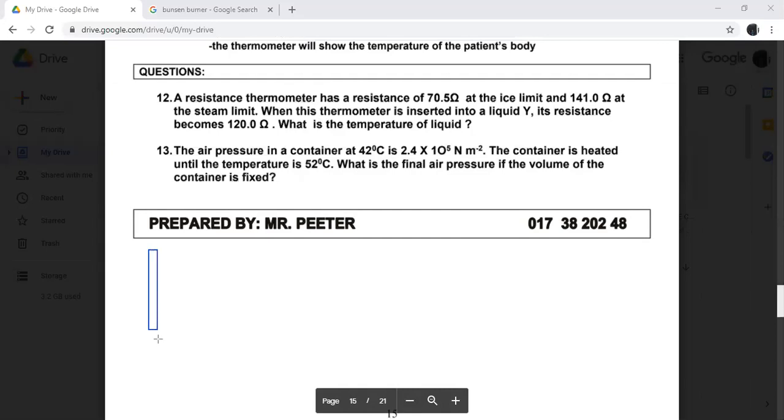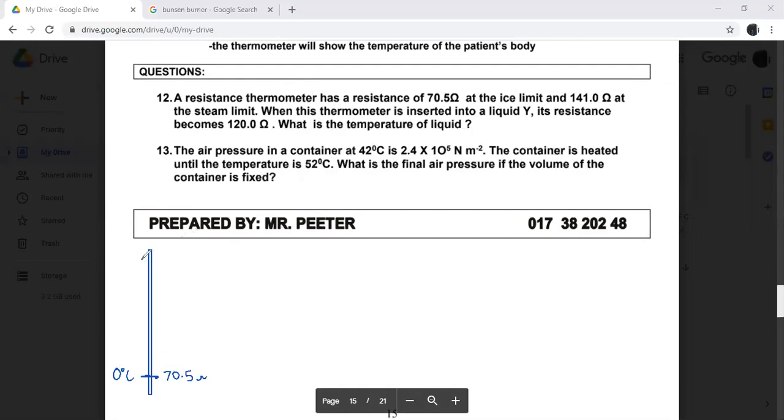So I'm solving number 12. A non-calibrated system like just now. When the resistance was 70.5 ohms, it was at the ice limit, 0 degrees Celsius.